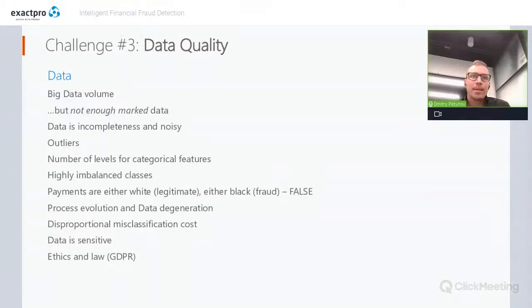Furthermore, the data is incomplete. Often we don't see all fraud cases. Some fraud cases were missed. Some real fraud cases we have without customer complaints, and vice versa.